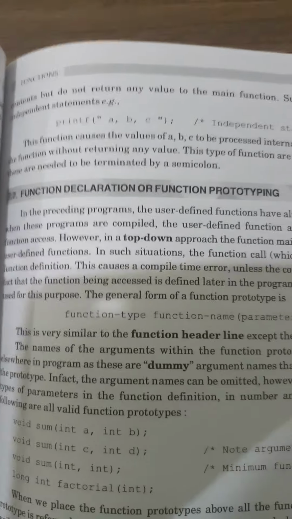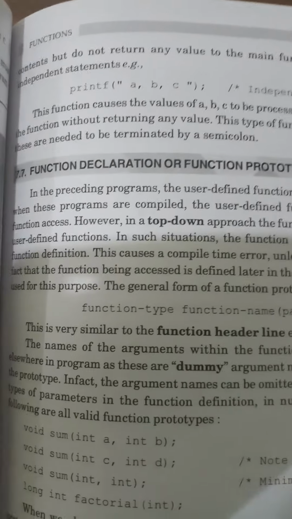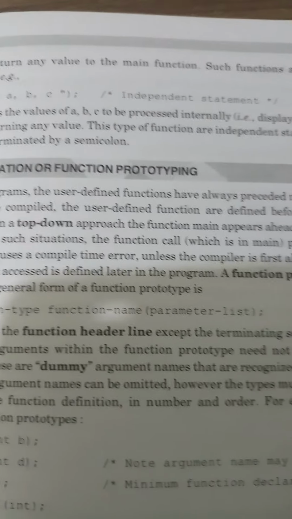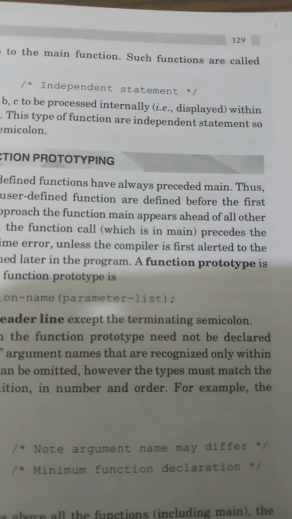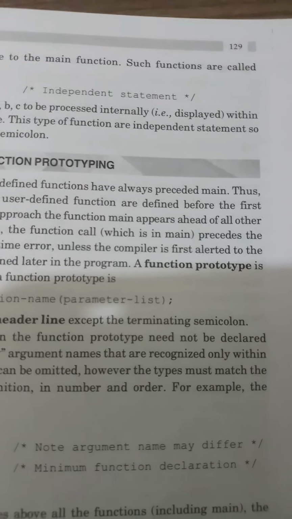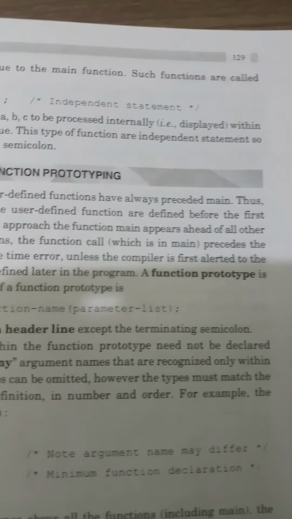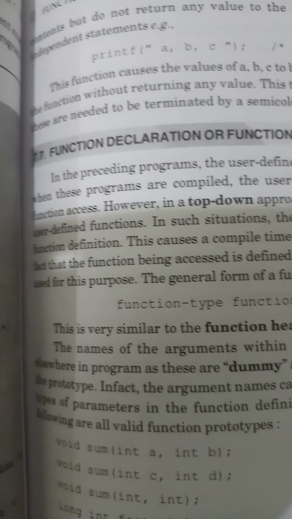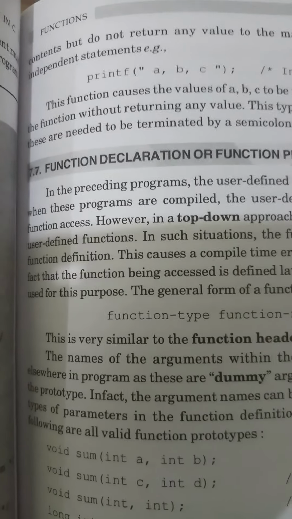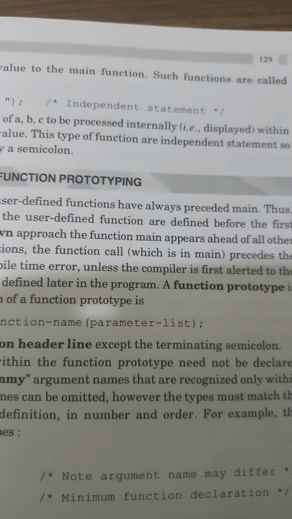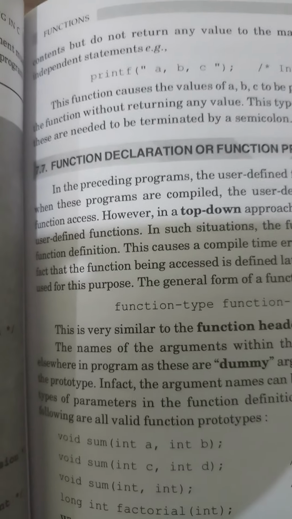Function declaration or function prototyping. In the preceding programs, the user defined functions have always preceded main, thus the user defined function comes before the main function. Thus when these programs are compiled, the user defined functions are defined before the first function access.